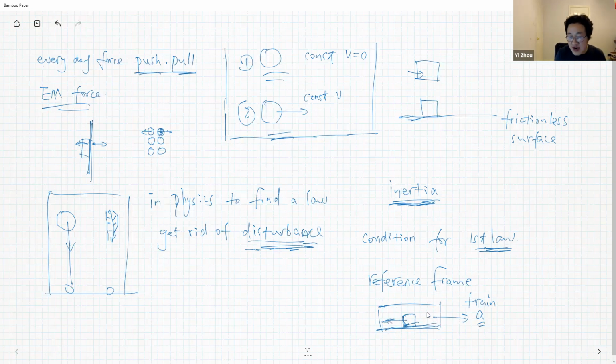So an observer in the train, using the train as a reference frame, will observe this thing moving and accelerating without any force applied to it, because nothing is working on this thing. So for the first law, we need an inertial reference frame.